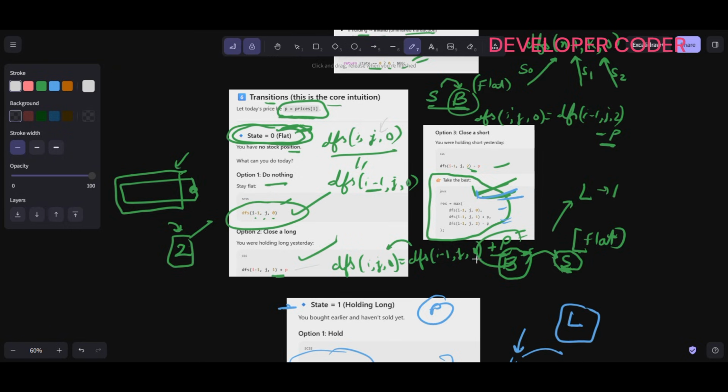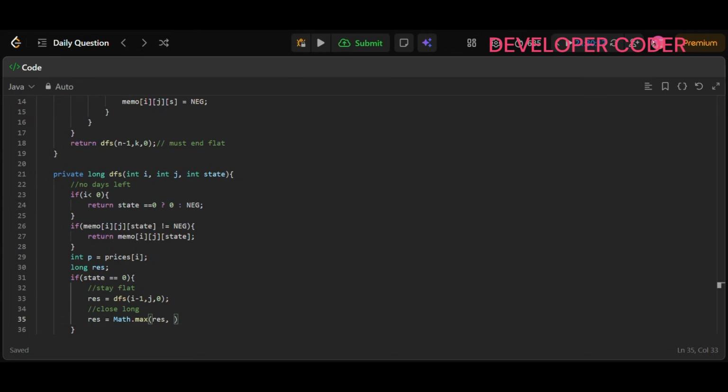Buy means 1, to sell means long, long is 1, so you have to stay flat. So here you have to write dfs of i minus 1, j and 1, and here plus p. Clear?